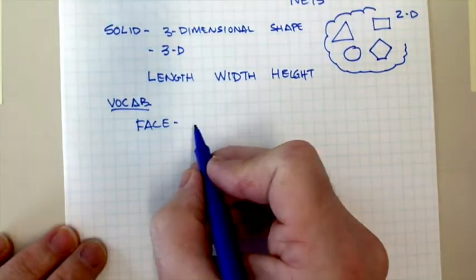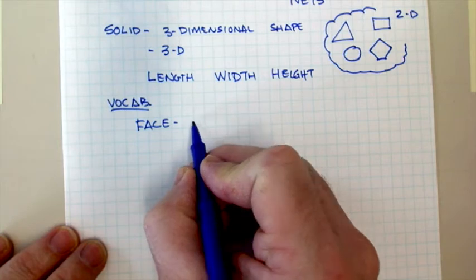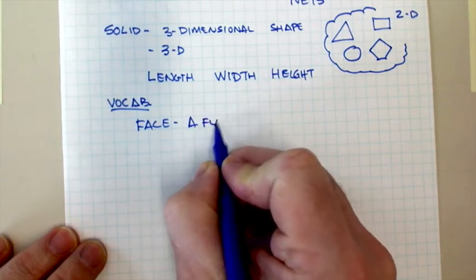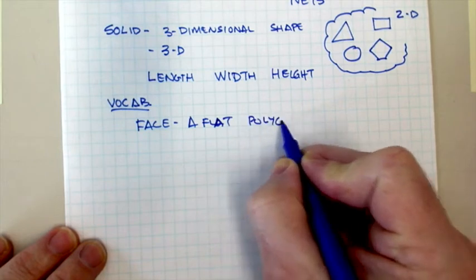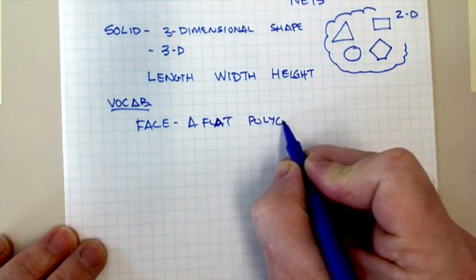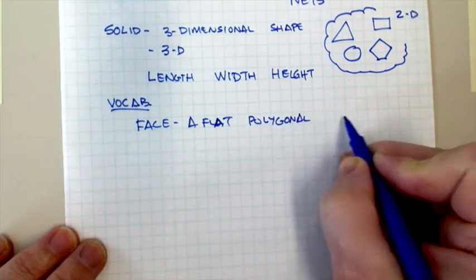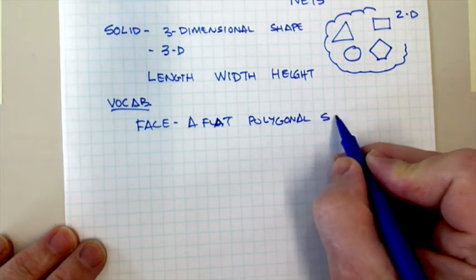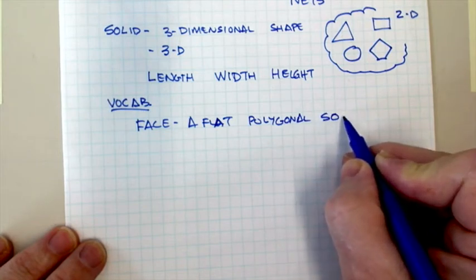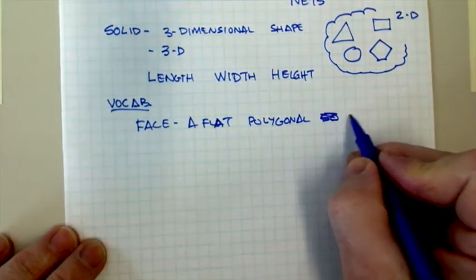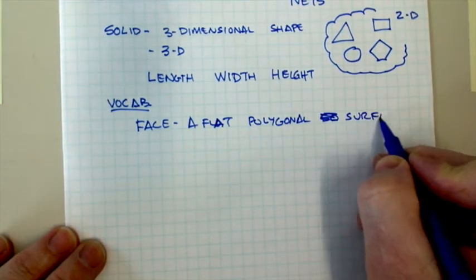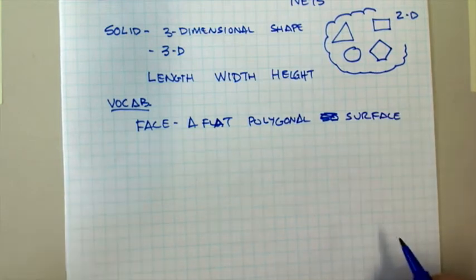A face is a flat, polygonal shape that will be the surface of the polyhedron. Flat polygonal surface that's going to be on our polyhedron.